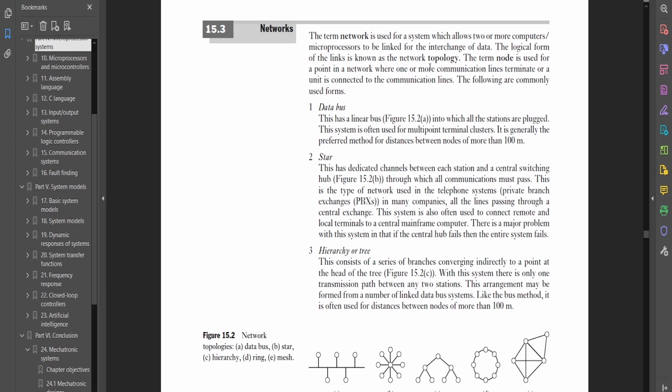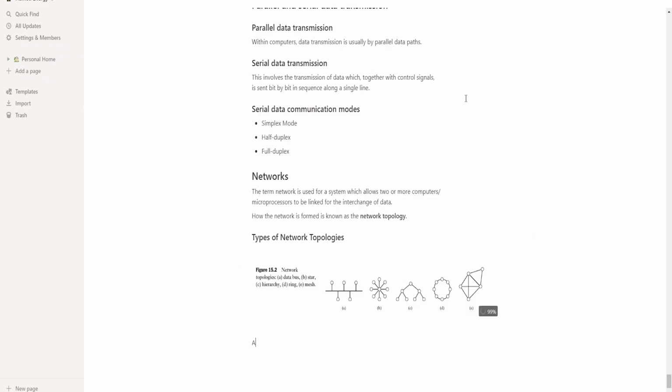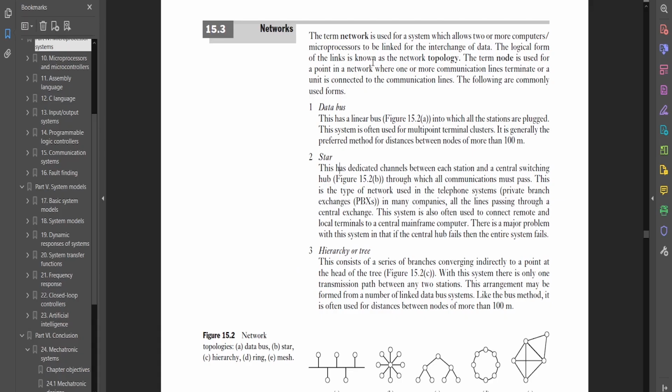Okay, and then what is in here? So the term node is used for a point. So let's put node. A node is a point in the network where one or more communication lines terminate or a unit is connected to the communication lines.